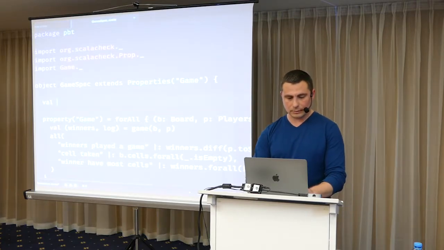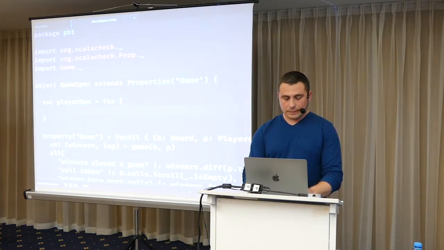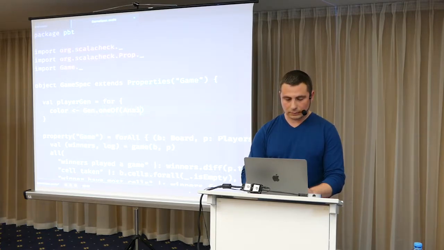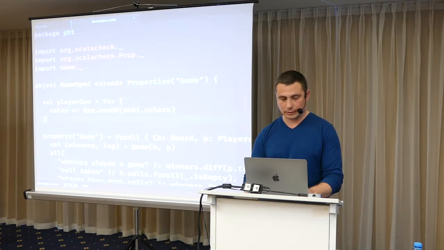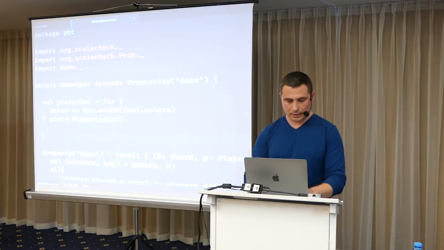So we will start with players, and we will use existing generators, oneOf the colors. The existing Gen.oneOf just takes one value of the existing collection at random, and we just yield the player with the color. So now we need a list of players.